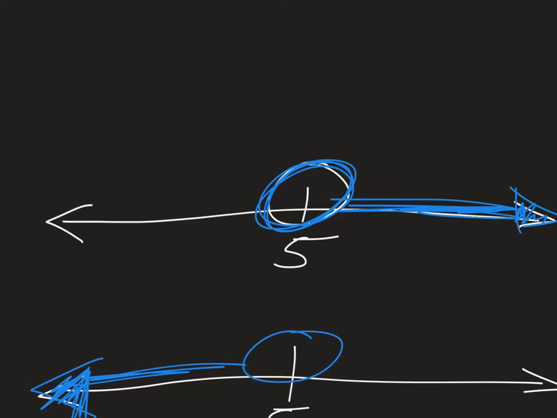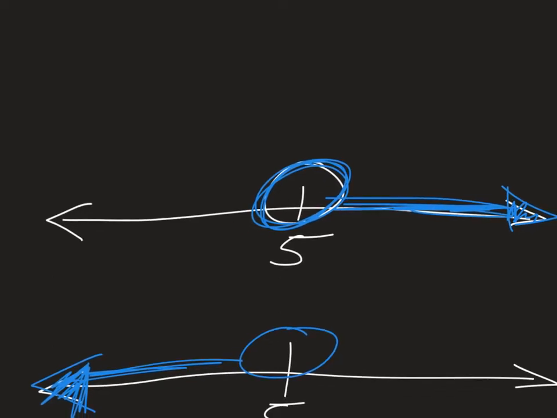So this is a little memory jog of how to write an inequality if you're given a graph. And so you're going to notice in this first example that the number 5 is graphed by a circle around the 5 and it's open.